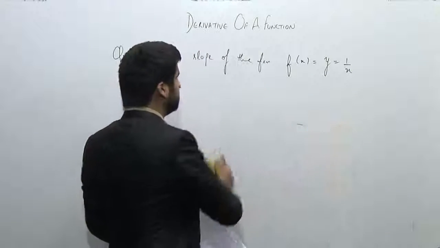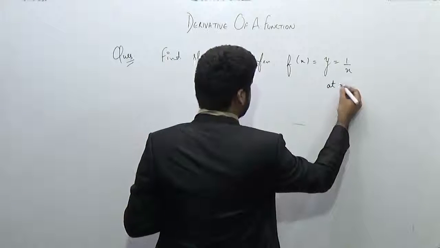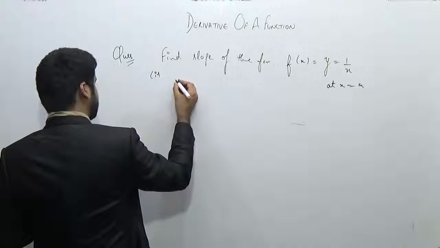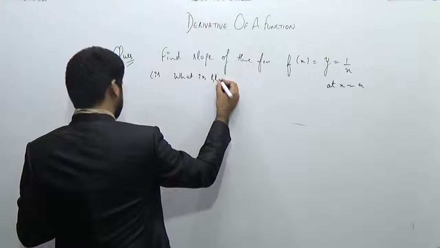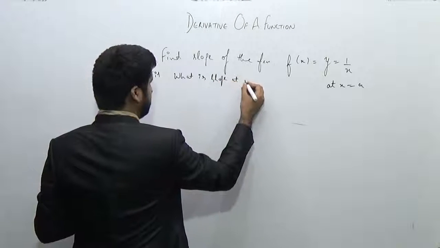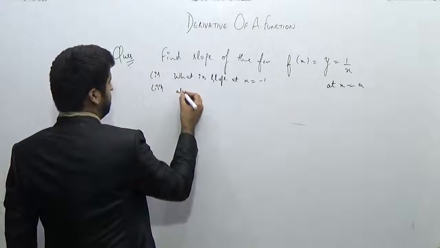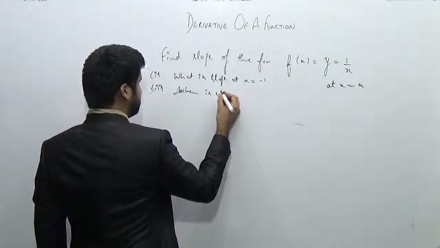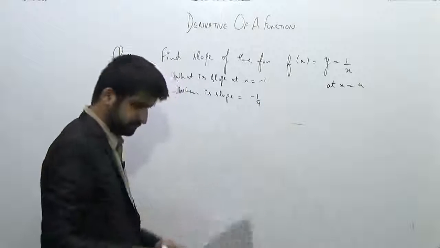So let's try to see the slope of this function at x is equal to a. This is the first part. The next part is, what is the slope at x is equal to -1, and when is the slope is equal to -1 upon 4.